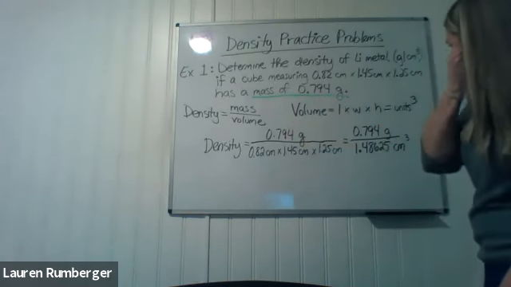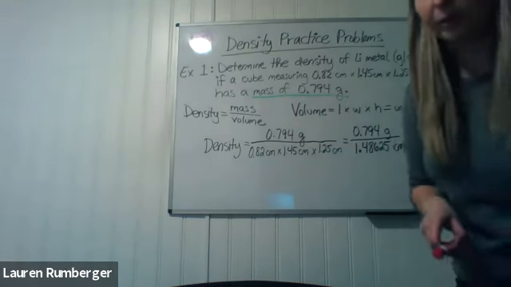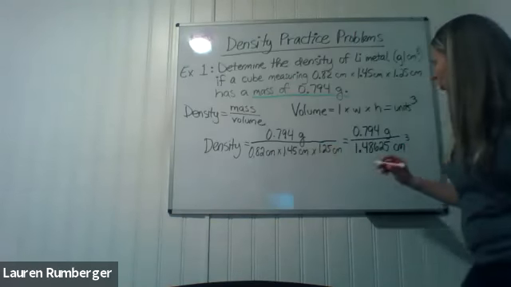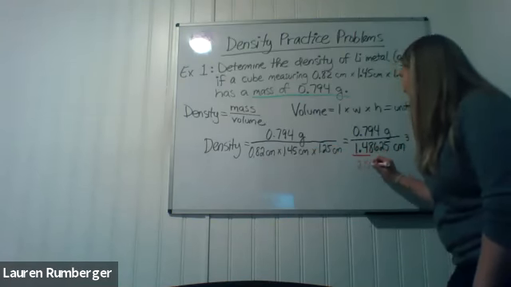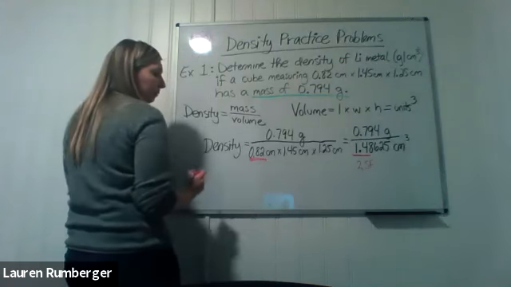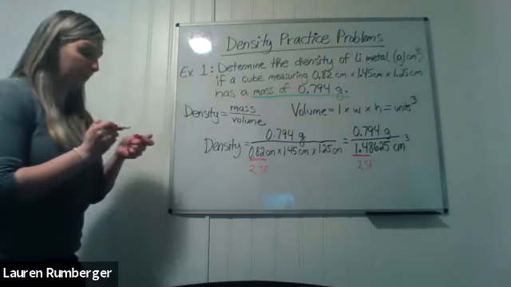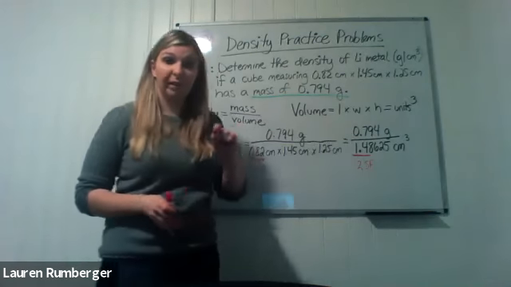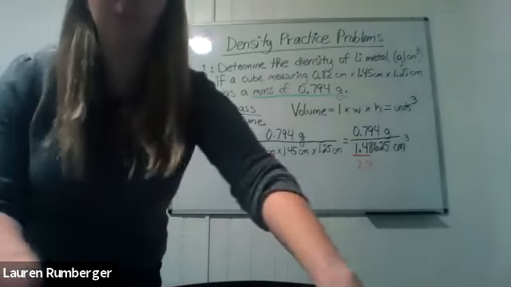Even though we wrote out all of these digits, the only significant numbers in this value based on the calculation is going to be 2 significant figures, because this is the least number of significant figures. So we're going to put these numbers into the calculator, but we're going to round our final answer to only 2 significant figures.